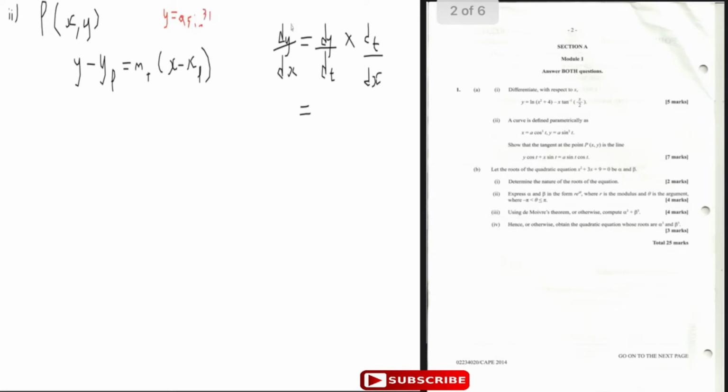So to find out what is going to be dy by dt, differentiate this, carry down the power to get 3a, subtract 1 from the power to get sine squared t, multiplied by the derivative of sine t, which is cosine t. So that's dy by dt. Then it's going to be divided by dx by dt. Now remember x was equal to a cos cubed t.